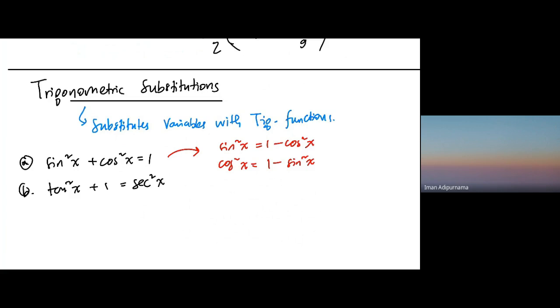When you have this 1 minus something, maybe a variable, a fraction, or in a complicated form, we can exchange it with the trigonometric functions. So for example, let me give you an example of how to use this.